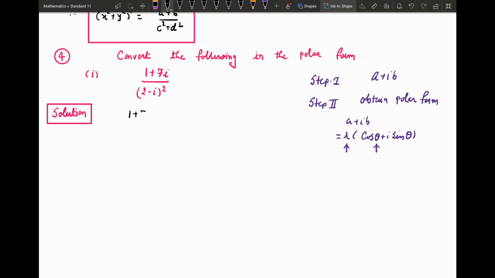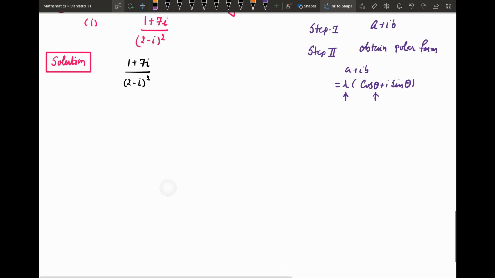1 plus 7i upon 2 minus i whole square. So this is 1 plus 7i upon 4 plus i square minus 4i. Expansion according to a minus b whole square, a square plus b square minus 2ab.